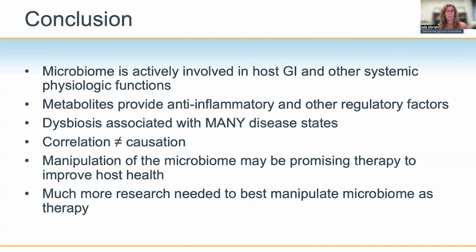At this point, for many of these, we can say there's a correlation, and for only a few do we really know the pathway and causation. So manipulation of the microbiome, though, may be a promising therapy to improve host health, but much more research is needed on the best ways to safely manipulate the microbiome as one type of therapy.